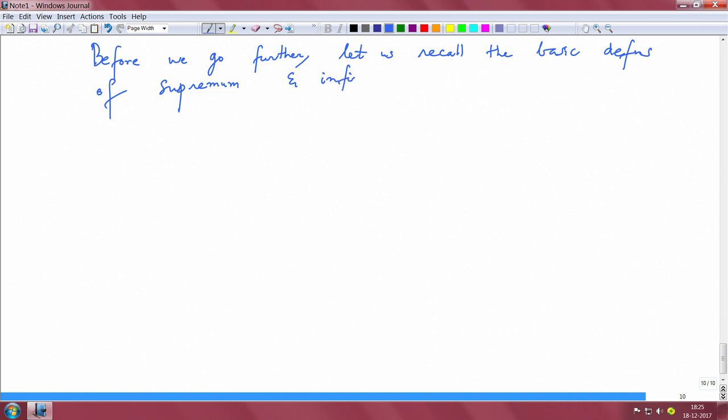You might have done this in your basic math, but we will just recall this definition because we will use this definition subsequently. Let S be a set which is contained in R.